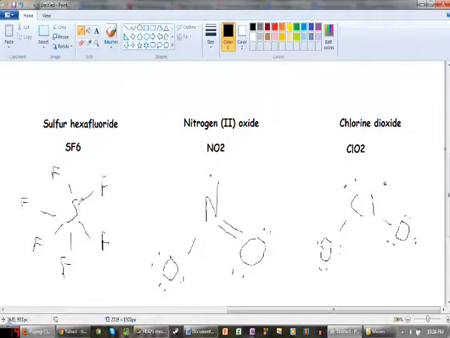See, the sulfur has 6 valence electrons, and all 6 are bonded to a fluorine, as you see right here, because it has access to that d orbital by which to put the extra electrons and basically hide them.